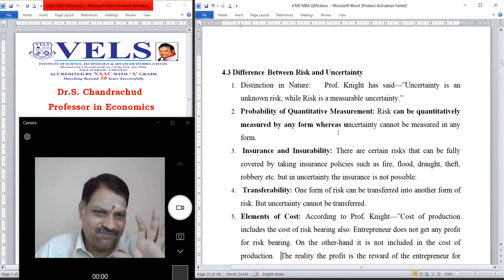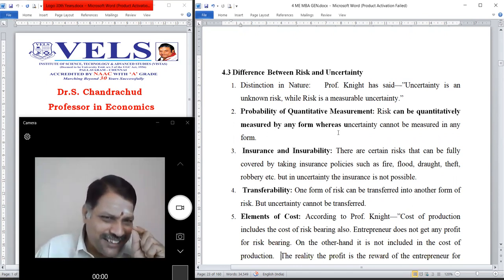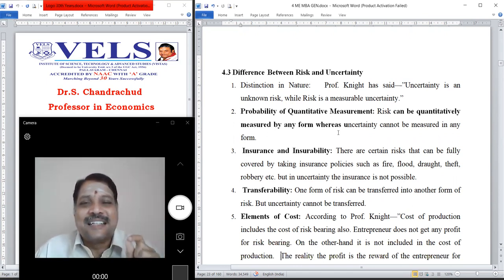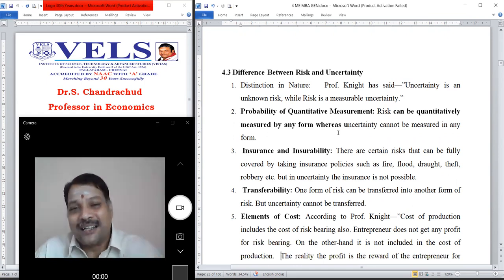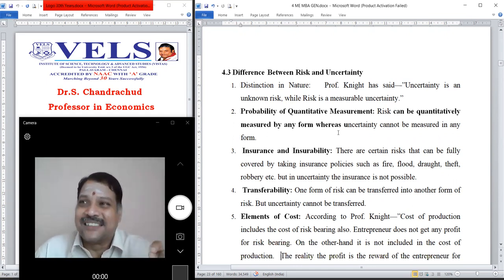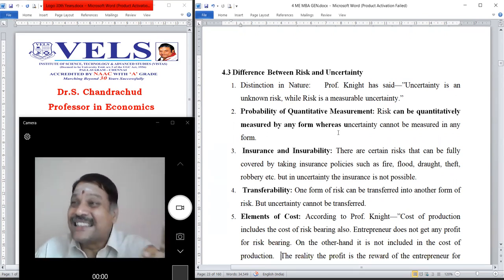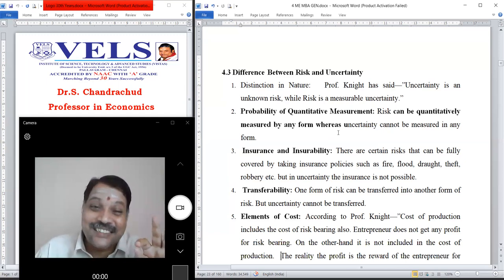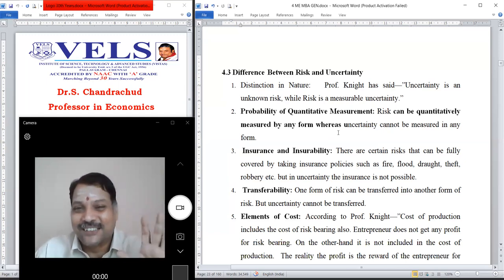Professor Knight made one clear statement: uncertainty is an unknown risk, while risk is a measurable uncertainty. Such beautiful words. I will repeat again: uncertainty is an unknown risk, while risk is a measurable uncertainty. This is the first difference based on the nature of the concept.